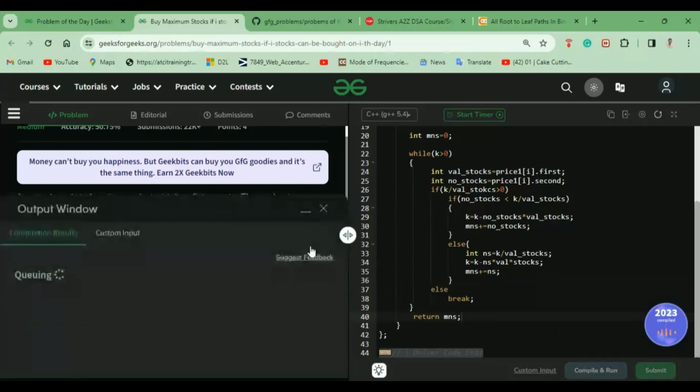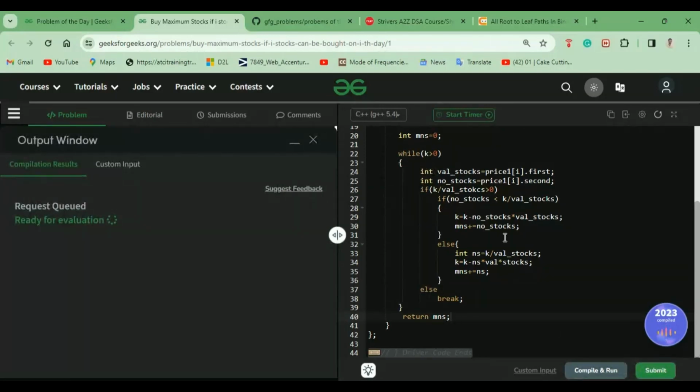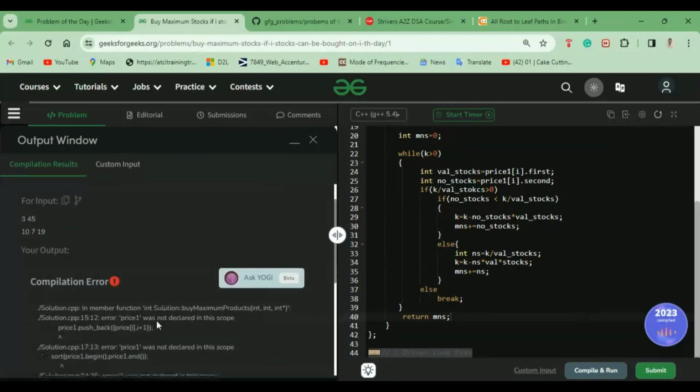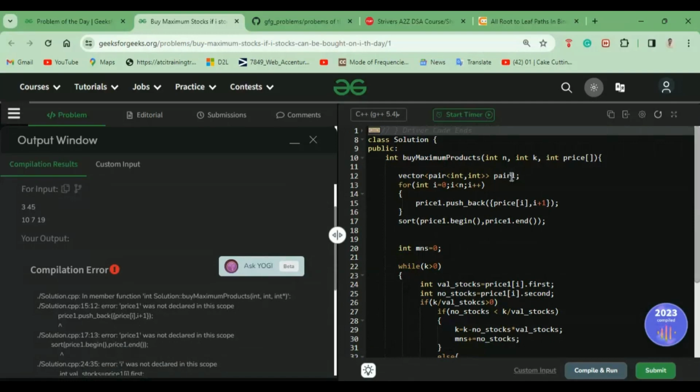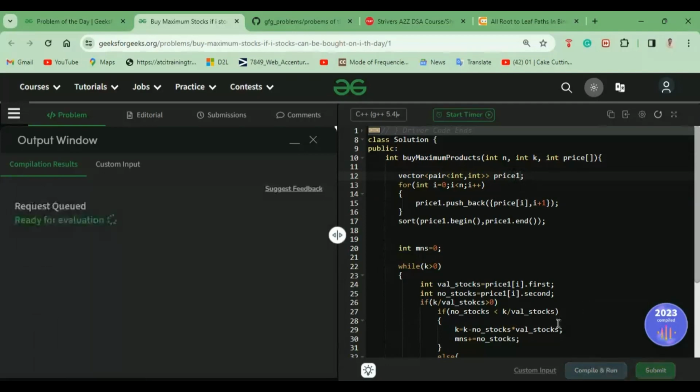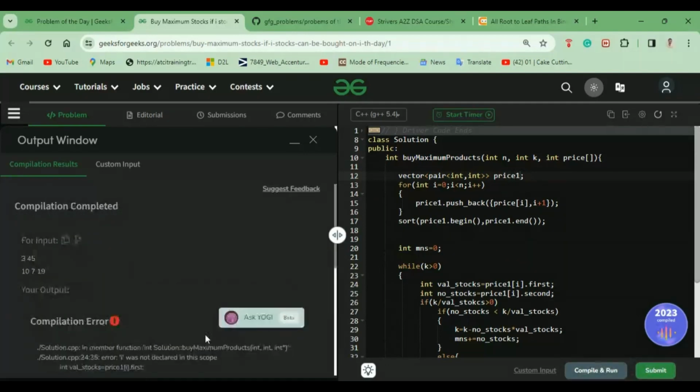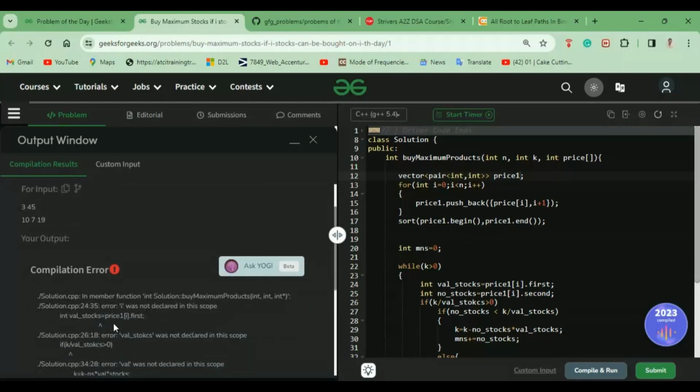Let me quickly try and run this code. The compilation error says price one was not declared in the scope. Okay, we have not declared price one. What is the error now? val_stocks equal to price of i was not declared in the scope.